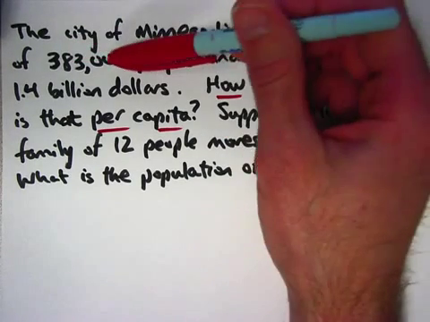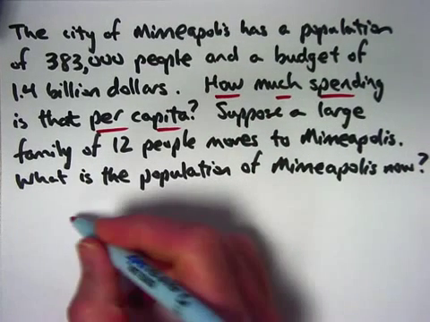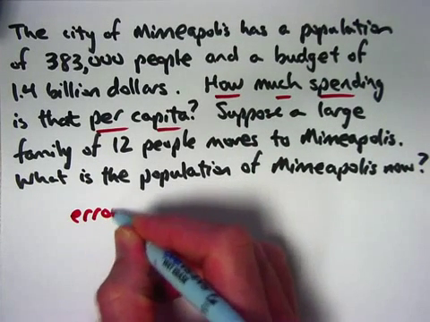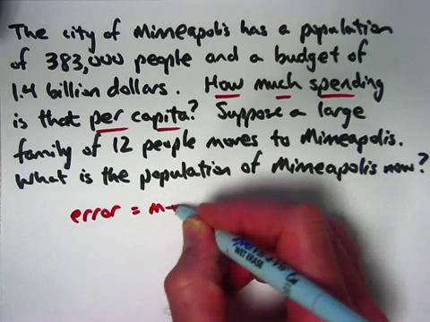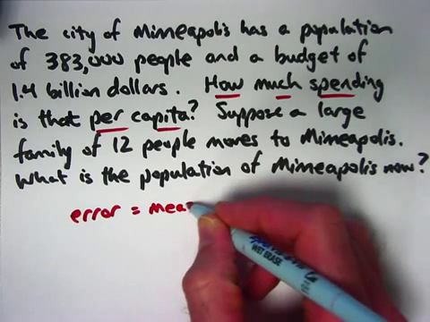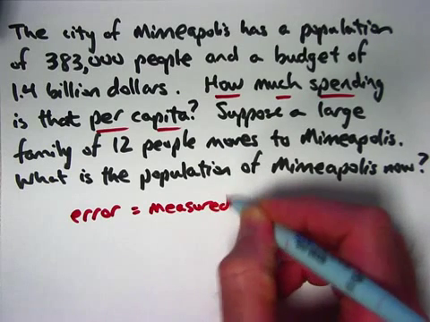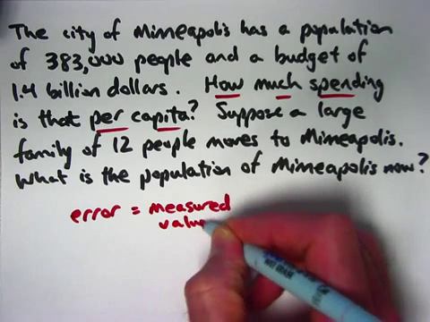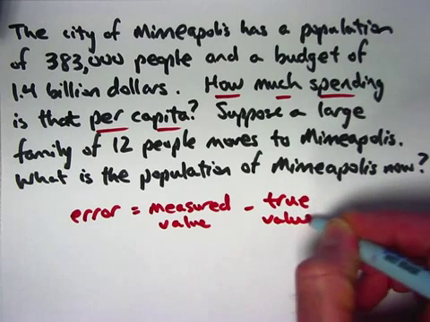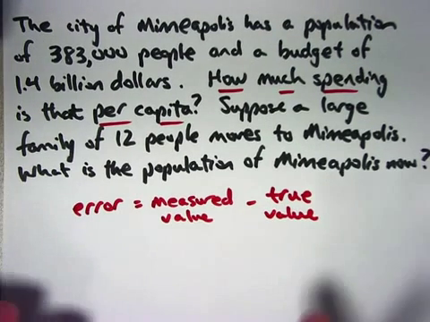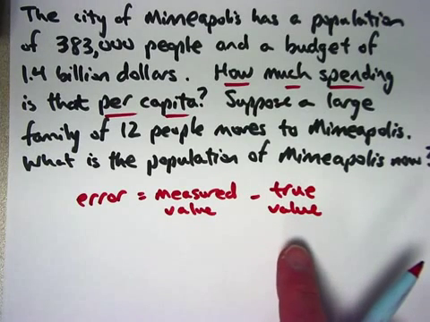There is definitely going to be an error that comes about from taking the measured value, which is this 383,000 people, and subtracting the true value. Now, I should say true value with a caveat. That true value is always with respect to a certain instant in time.